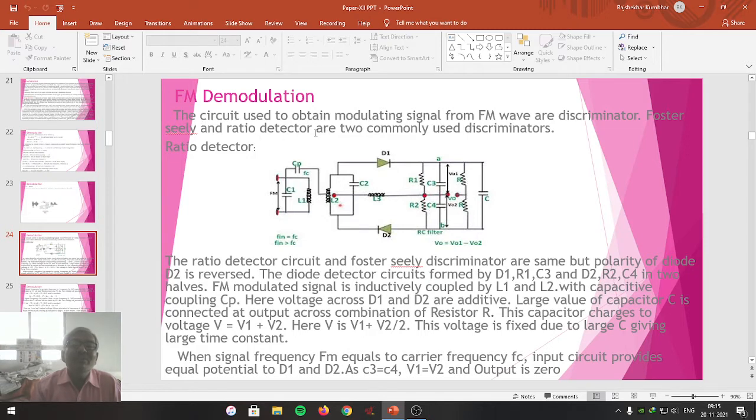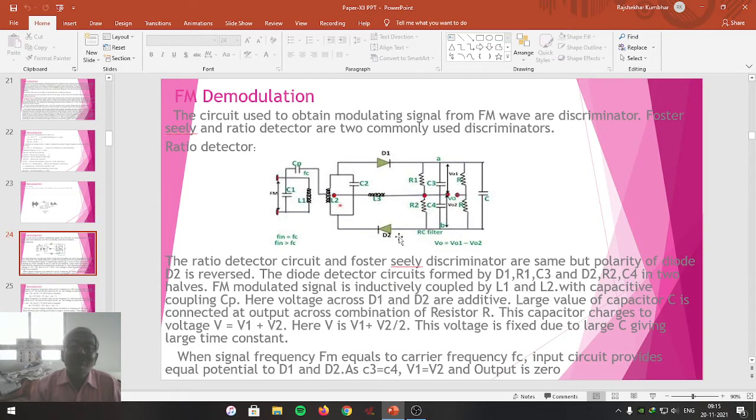Foster-Seeley and ratio detector are two commonly used discriminator circuitries. Friends, in your syllabus only one type of demodulation circuitry is utilized, and that is why we are going to study the ratio detector discriminator circuitry as an FM demodulation circuitry. Almost all of the Foster-Seeley and ratio detector circuitry is the same, with the only difference in the polarity of the diodes connected in the demodulating circuitry.